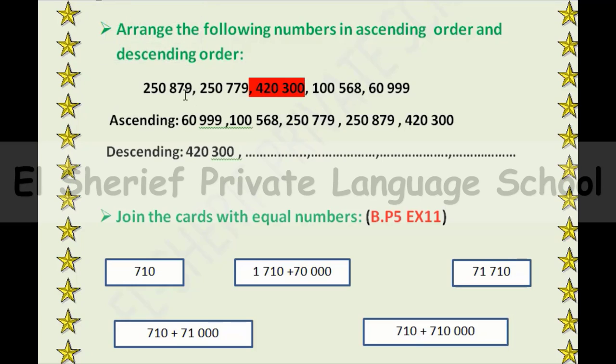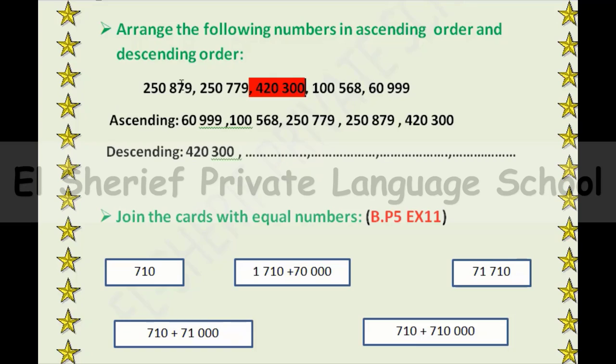Okay, we will look at the second one. Here we have 250,879, and here we have 250,779. We will look at the family of units here and the family of units here, because the family of thousands in the two numbers is the same.